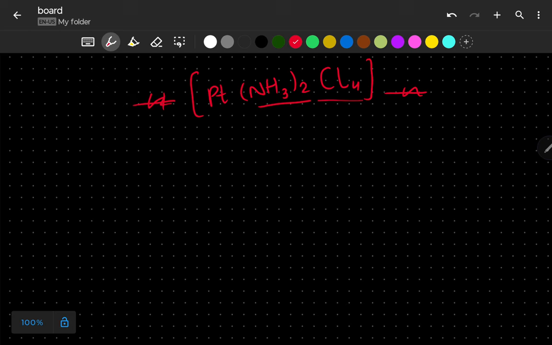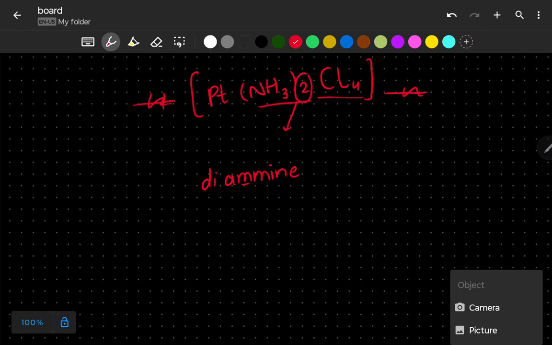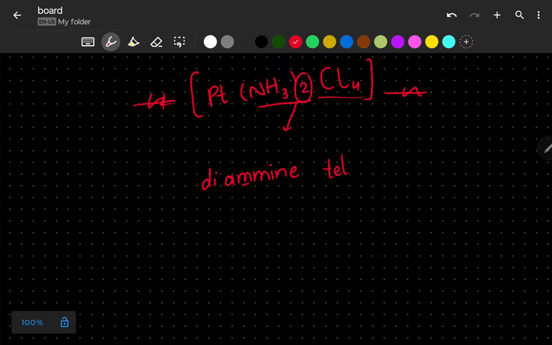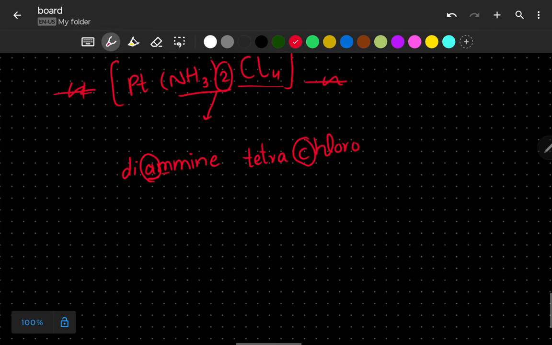For ammonia we use ammine with a double M, not a single M. So for 2, diammine, with double M in ammine, not a single M. Diammine, tetrachloro. A comes before C, so this is already alphabetically arranged. Platinate.